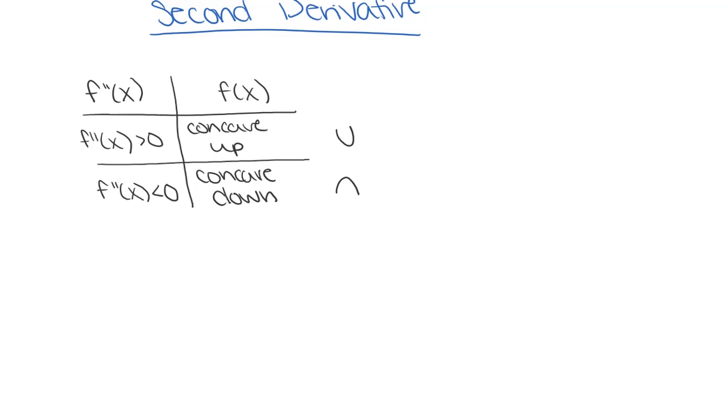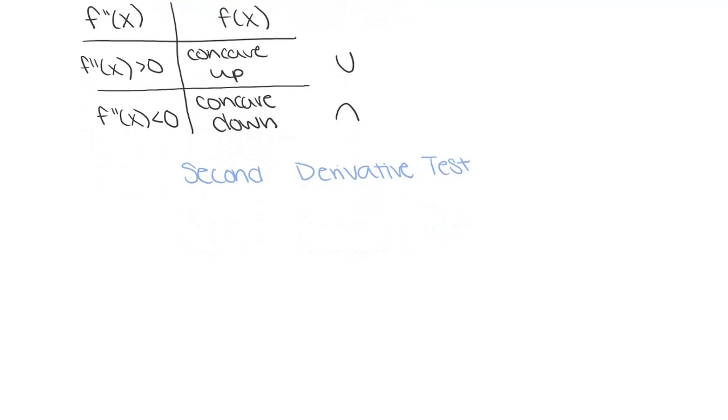The other part that goes along with the second derivative is the second derivative test. Okay, so we can make another little chart for that. So we have f double prime of x, f of x, and interpretation. We're just going to write it as interp.